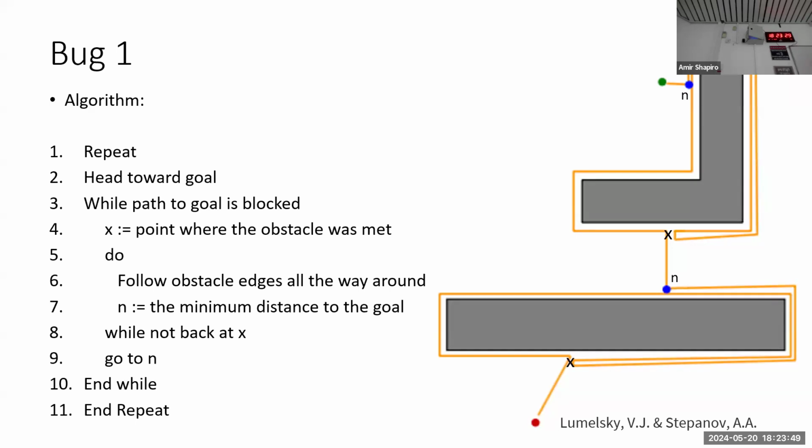The next time you run again, you don't need to go in an optimized way. I did the loop, then you go to the goal point. The next time, I went from here towards the target. I didn't know that there is an obstacle. So it hits the obstacle, then goes around.